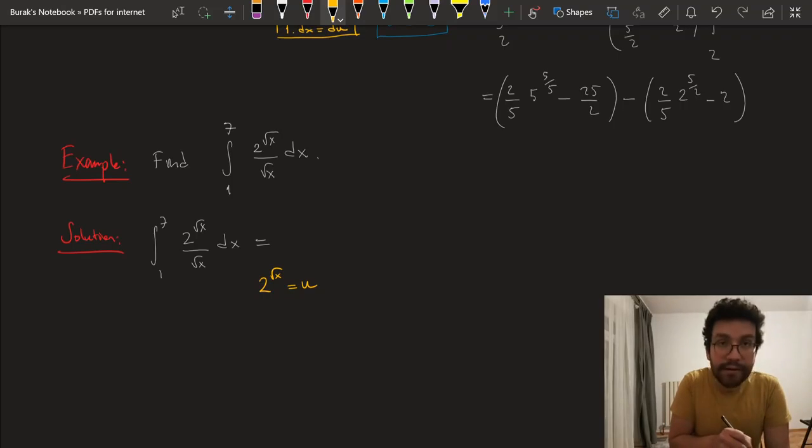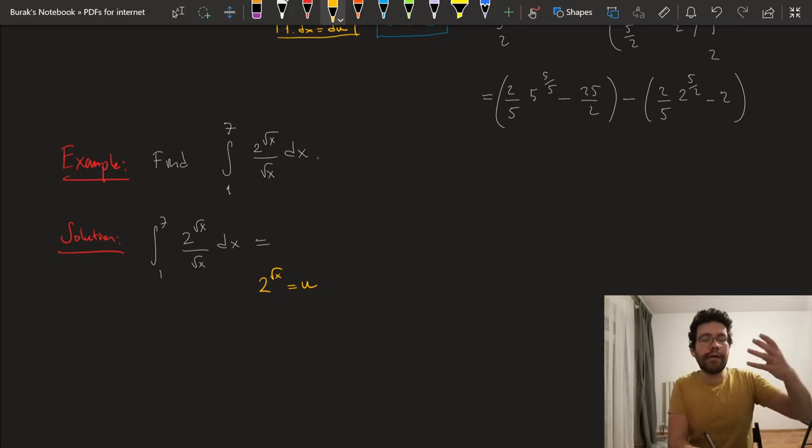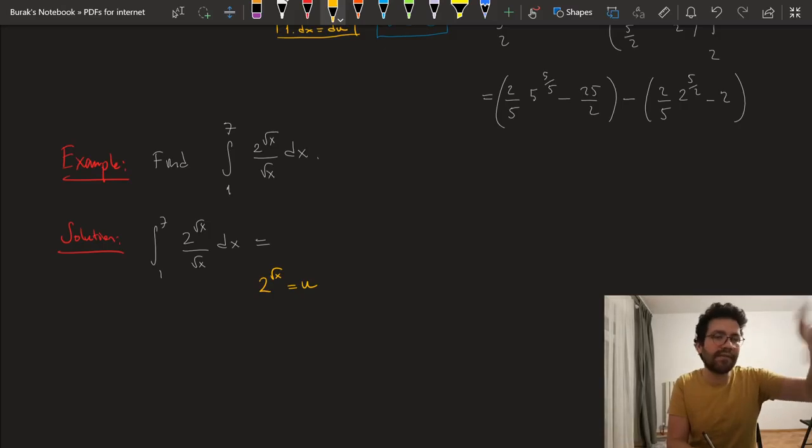Then let's take the derivative of the left-hand side. The derivative of 2 to the power root x is, by the chain rule, the derivative of 2 to the power x, which is 2 to the power x times ln2.